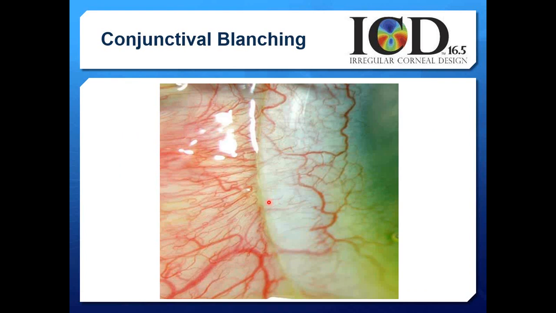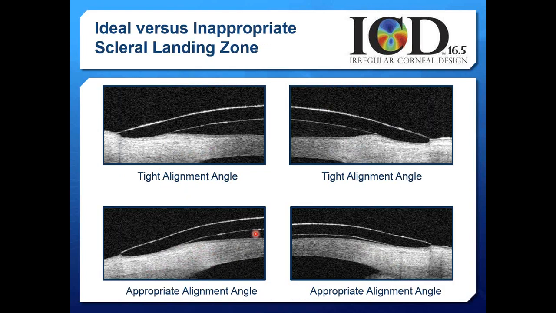And here's an example where our lens edge is sinking into the conjunctiva too much and creating this backup. This would require a call to the lab, asking them for an increased edge lift in the scleral landing zone. Now, why does this happen? Why do we get the seal off of vessels right there at the edge? If you look at OCT, which is so fabulous at showing us how these lenses land out there where we really can't see with the slit lamp how they touch down, the OCT shows us that this lens is pointing in toward the conjunctival surface.